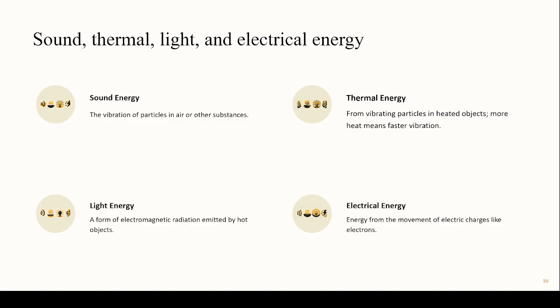Thermal energy is from the vibrating particles in heated objects. More heat means faster vibration. Light energy is a form of electromagnetic radiation emitted by hot objects. And electrical energy is energy from the movement of electric charges like electrons.